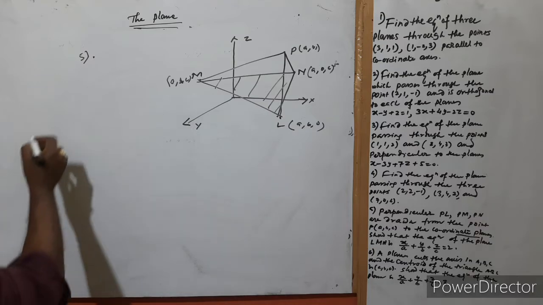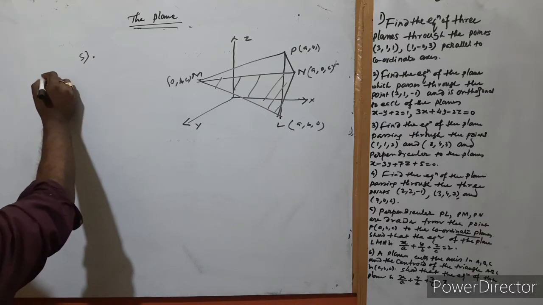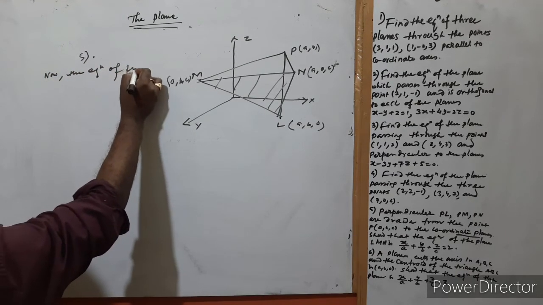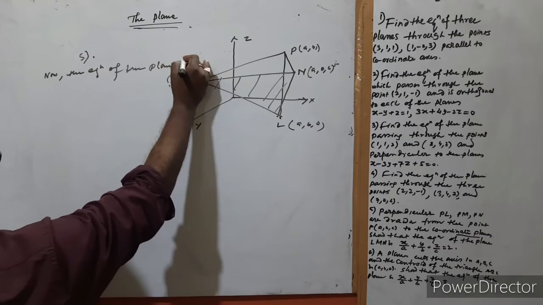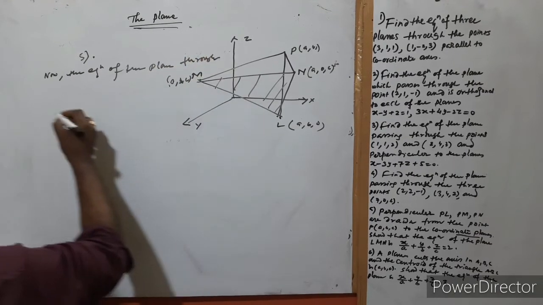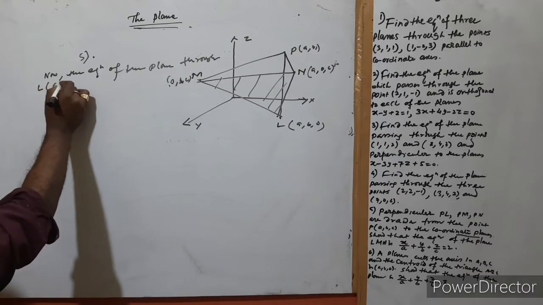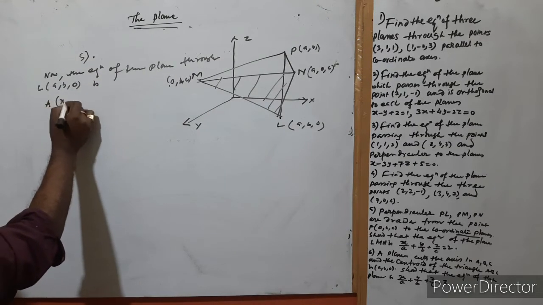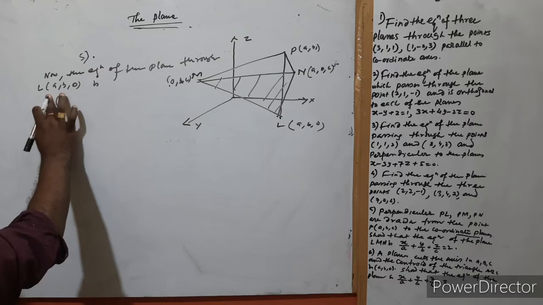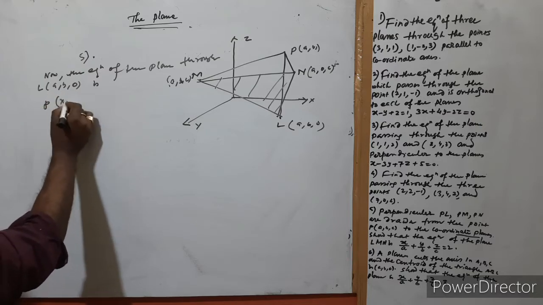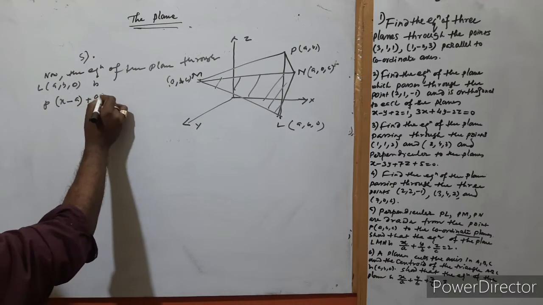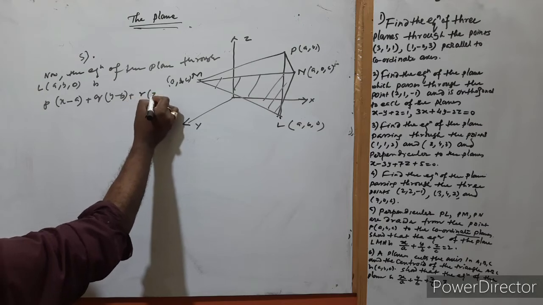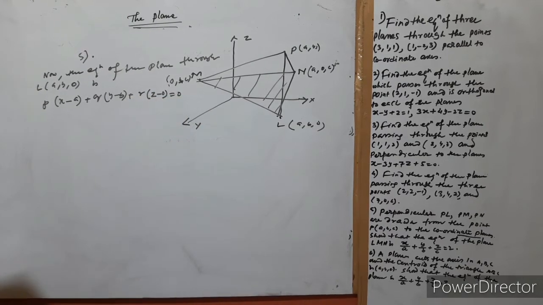The equation of the plane through (a, b, 0), using direction ratios P, Q, R, is P(x minus a) plus Q(y minus b) plus R(z minus 0) equals 0.